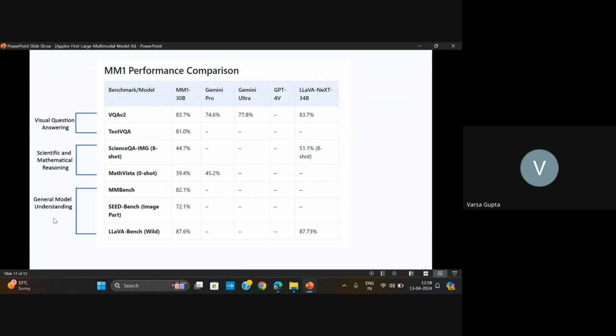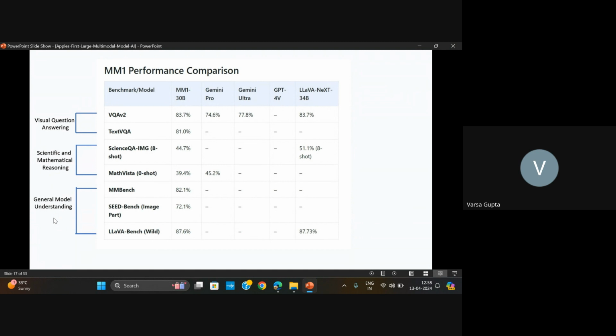The last is general model understanding. MM1's performance on MMBench and its adaptability in the wild scenario, as demonstrated in the LLaVA-Bench, highlights that its general multimodal understanding and application diversity is really good compared to the other existing models.